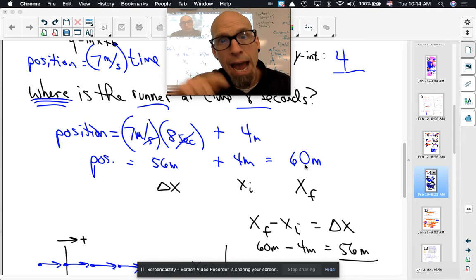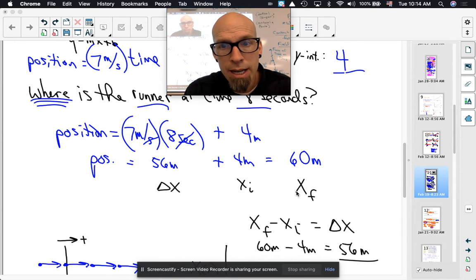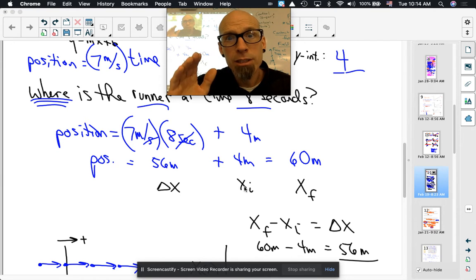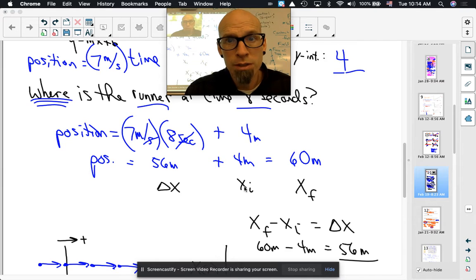That is the position after the 8 seconds has gone by, and that would be the xf, or the final position. Final position is 60 meters. Initial position, that is the y-intercept, the starting position, and that was 4 meters.